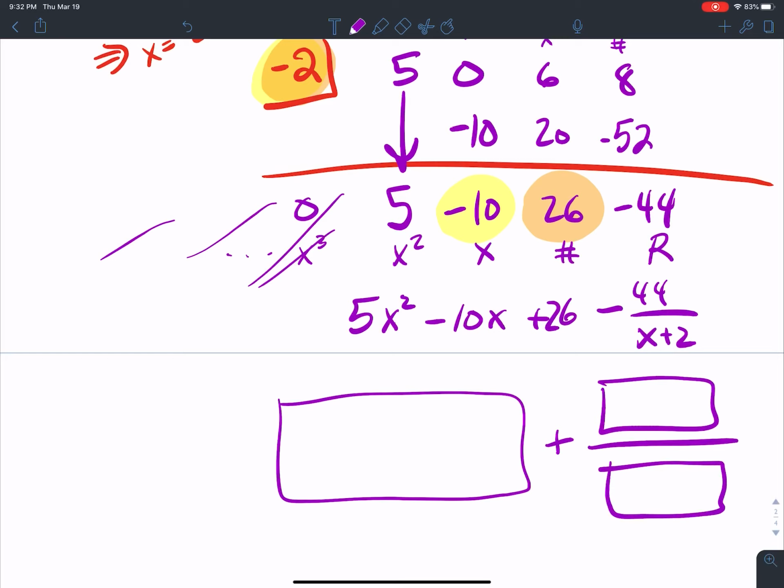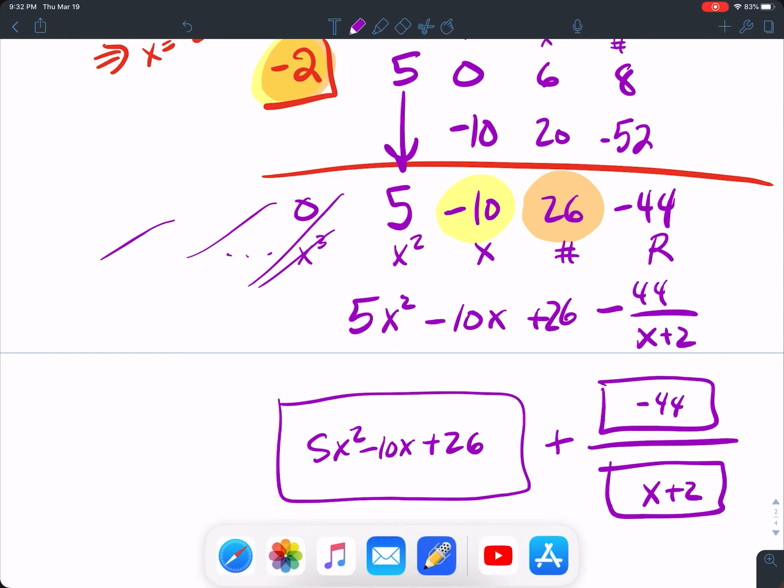So what you would do is put the 5x squared minus 10x plus 26 in here, but then you put a negative 44 up here and an x plus 2 down in here. When you're working through your test, make sure to show all your work on scratch work in case you're worried that you're typing it incorrectly, and I'm going to grade the scratch work when you send it in. Okay.